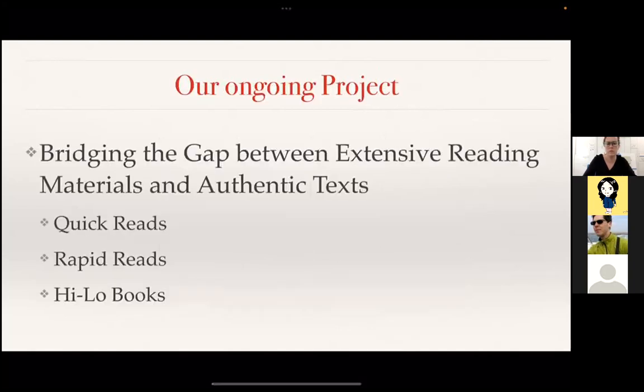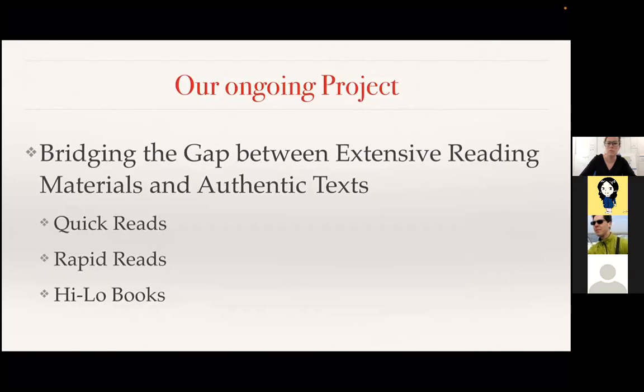So in the end, I think I'm running out of time. I already talked more than 25 minutes. The last part is our ongoing project. Our current project is to find something in between the extensive reading material or school classroom textbook and the authentic text.